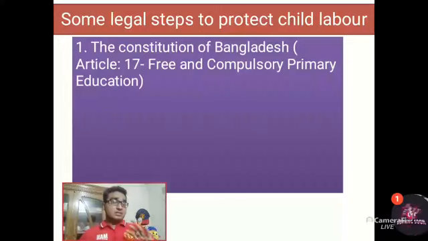There are 153 articles of our Constitution. Among the 153 articles, Article 17 has said about free and compulsory education. In our country primary education is free for all children of our country. So this is one of the legal steps to protect child labor.